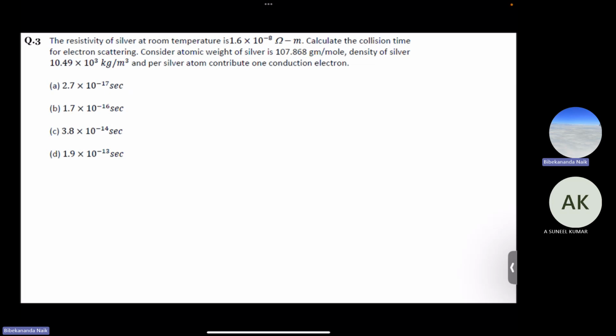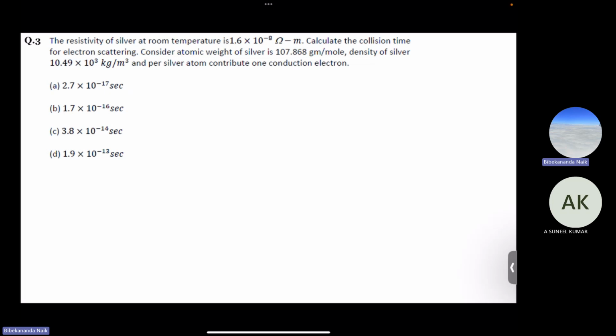Then question number 3 says the resistivity of silver at room temperature is 1.6 into 10 to the power minus 8 ohm into meter. Calculate the collision time of electron scattering. Consider atomic weight of silver is 107.868 gram per mole.